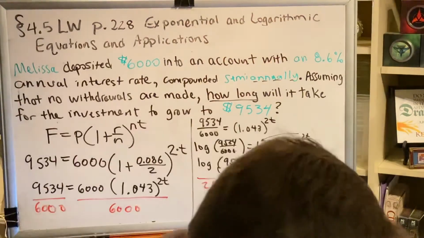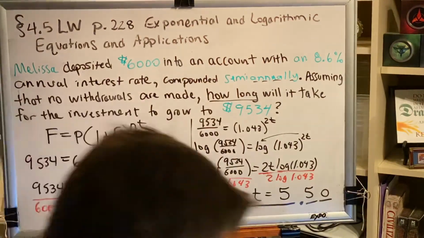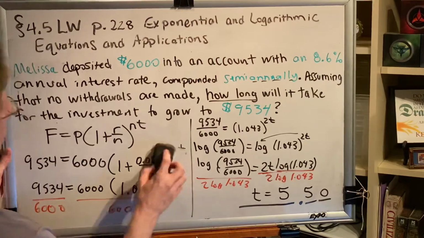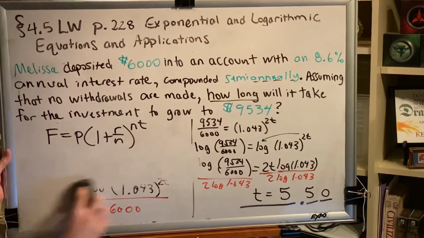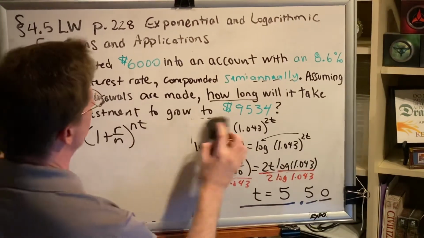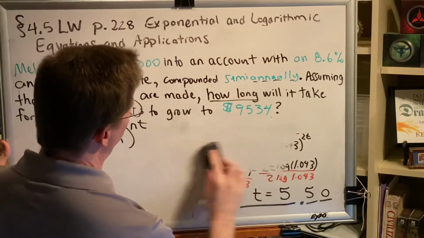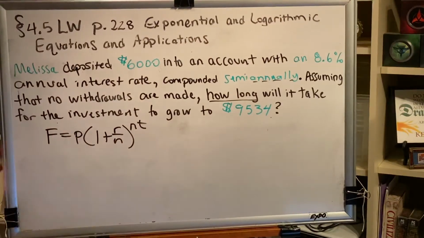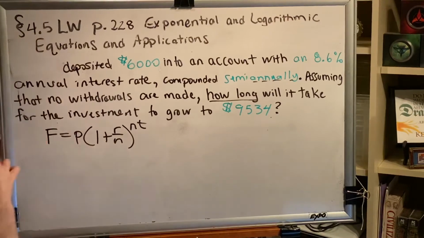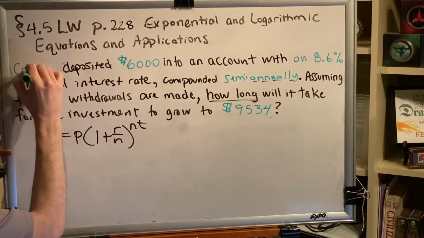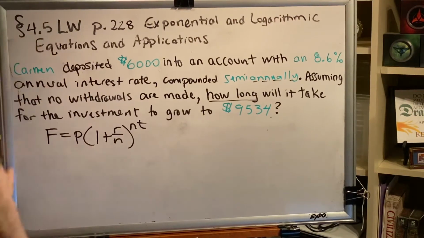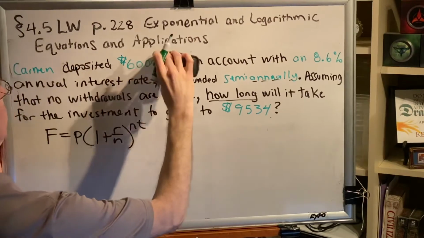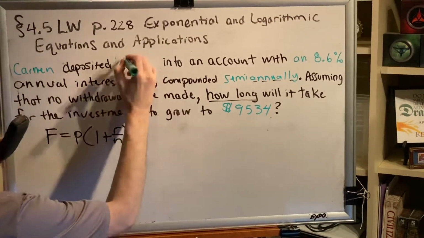Okay, great. The next problem is very similar, which means if you want to stop this video right now, you can. You've seen everything that you need to see for this particular learning objective. If you want just one more example of this kind of problem, keep watching. Everything in green is going to change, but the structure of the problem is identical. So instead of Melissa, now we're dealing with Carmen. Instead of $6,000, now we're dealing with $3,000.